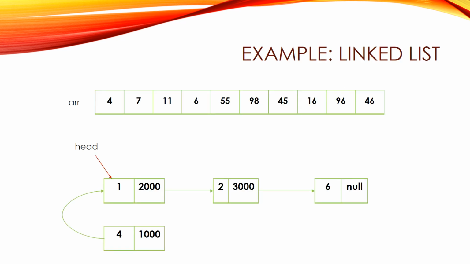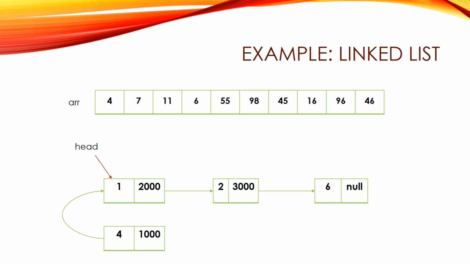Now let's take an example of a linked list. Linked list is a connection between various nodes. Various nodes are connected with each other, but in a linked list we have the address of the next element, which is also connected with the first element. So the address points towards the address where we have the second element. Now if we want to store one element in a particular linked list, we need to link that element to a particular address, and also there is a head pointer that points to the first element.